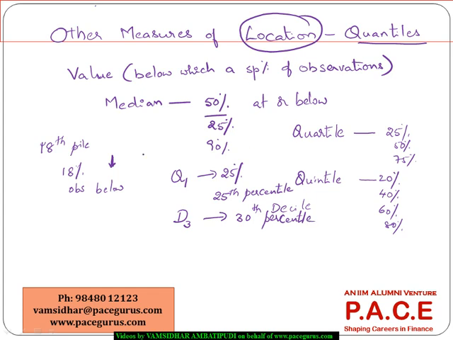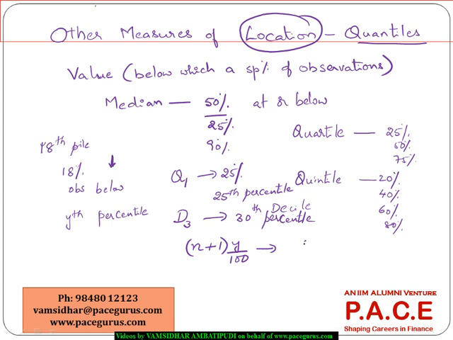In general, if I want to find that particular value in my data which represents the Yth percentile, and I have n observations, then (n plus 1) times Y by 100 gives the position of my Yth percentile.